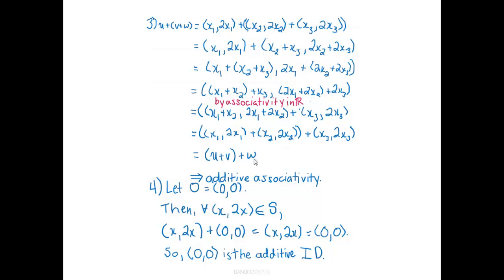Axiom number 4 has to do with existence of an additive identity. Define the 0 vector to be (0, 0), which is actually the 0 vector in R2. Then for every element in S, of the form (x, 2x), (x, 2x) + (0, 0) equals (x, 2x), which equals (0, 0) + (x, 2x).